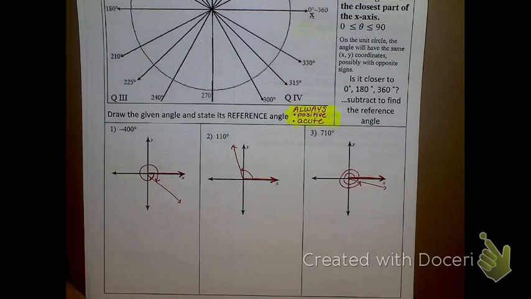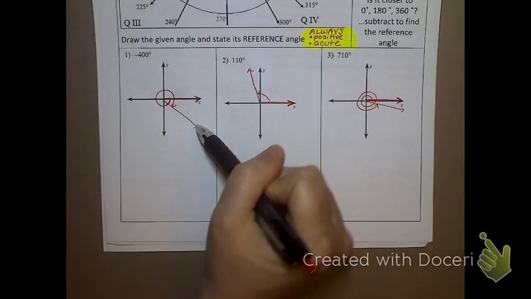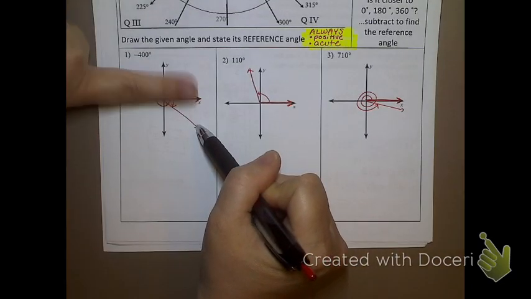Here's how you find the reference angle. You ready? The reference angle is always found by looking at the angle formed by your terminal side and the x-axis. So if I look here, here's my terminal side, here's the x-axis.